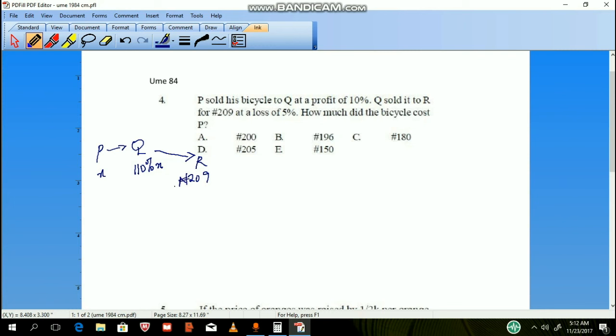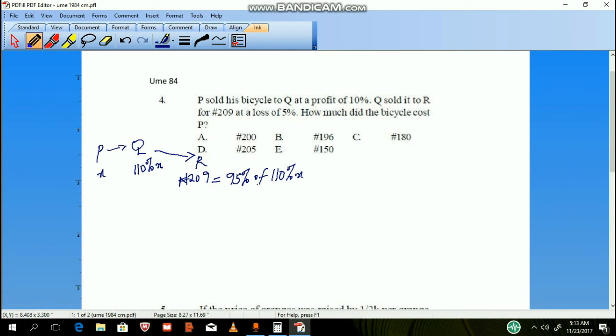And if this person sold it at a loss of 5%, since 110% of X will now represent 100% of the cost price of Q, and Q is now selling it at a loss of 5% to R, it implies that R bought it at 95% of the cost price of Q. So what would that mean? That means this 209 naira will be the same as 95% of the amount that Q bought it, and that would be 95% of 110% of X. That is the idea.